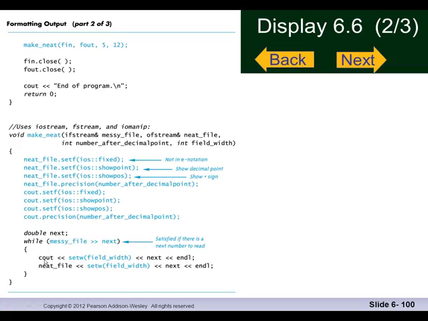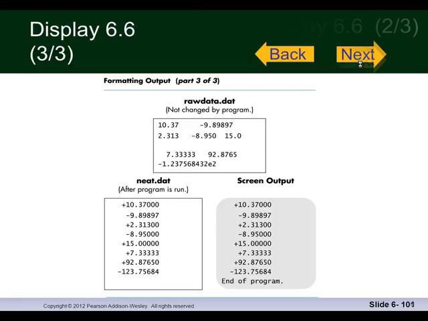So we're going to do it on the screen and we're going to do it on the file. So if I had it like this, it's going to display like that. So that's one way of doing your assignment.